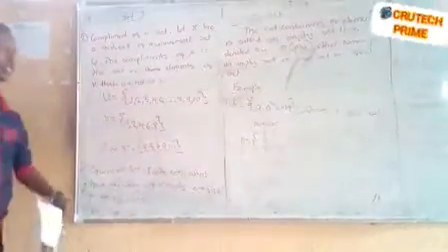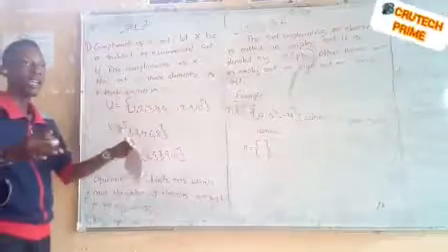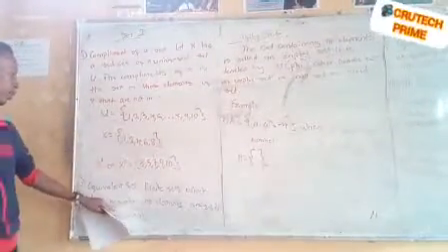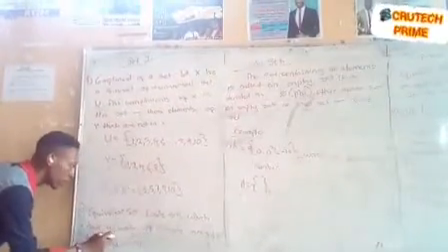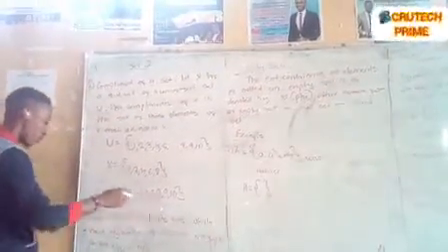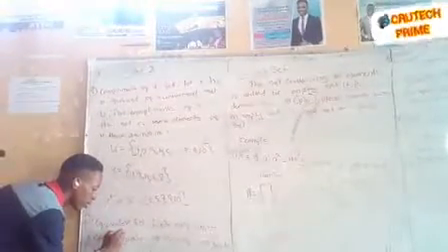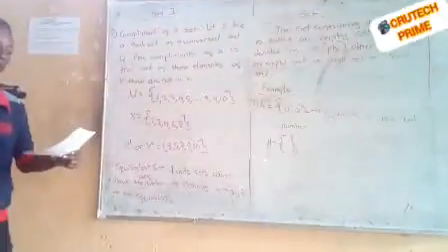A finite set is a set that has a limited number of elements. So finite sets which have the same number of elements are said to be equivalent sets.